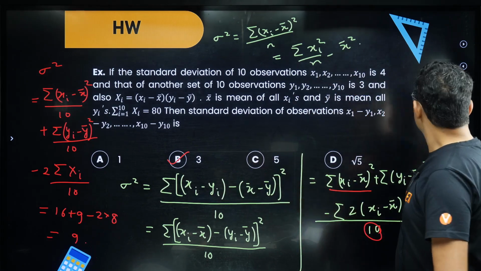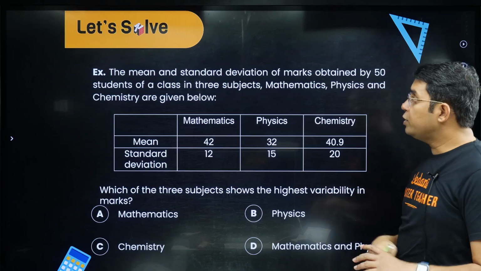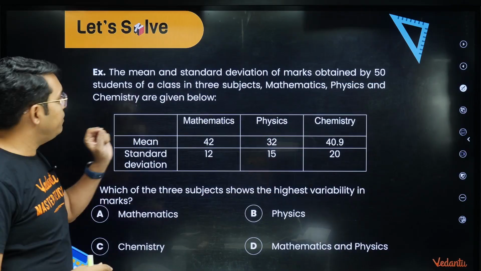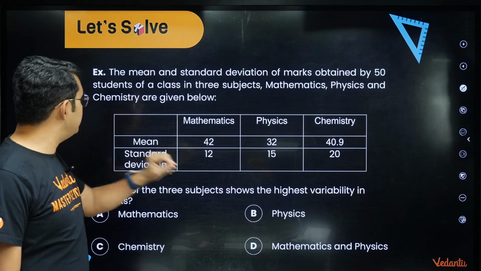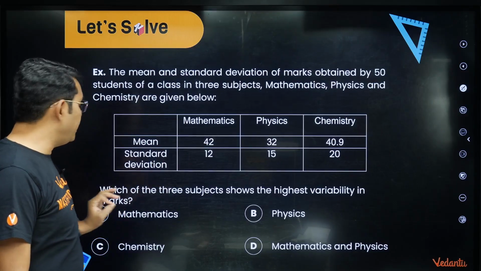Now coming to this question: the mean and standard deviation of marks obtained by 50 students of a class in 3 subjects, physics, maths, then chemistry, are given below. Which of the 3 subjects shows highest variability in marks?